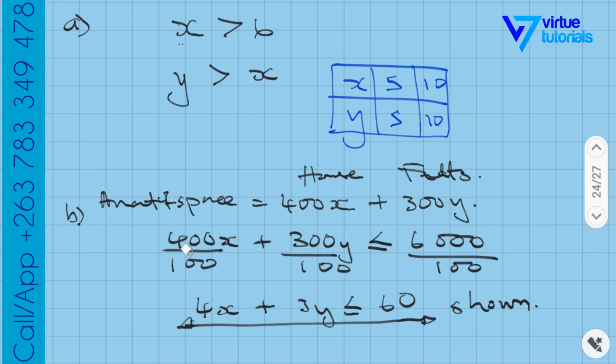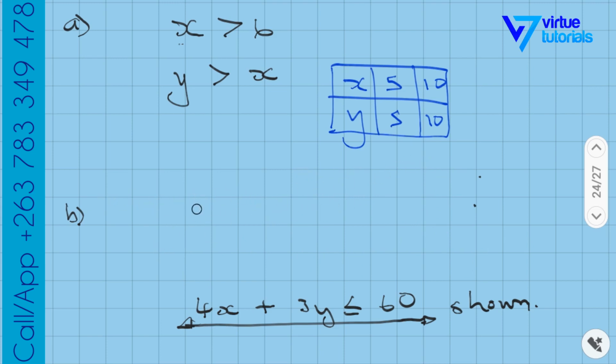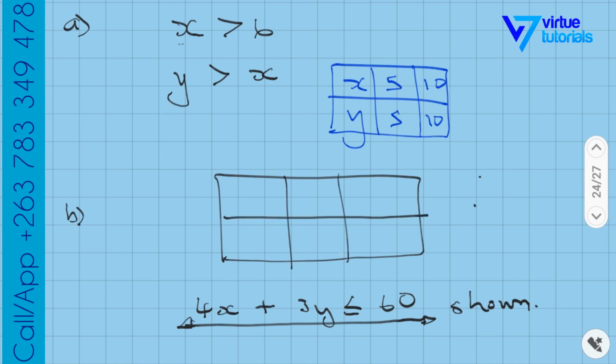So let me just erase a bit and make space for my table of values. So I can draw my table of values there. If my values of x and values of y.